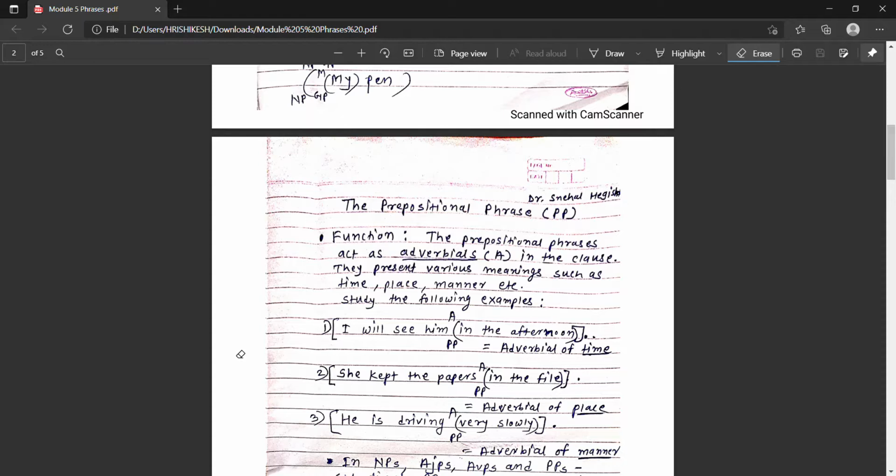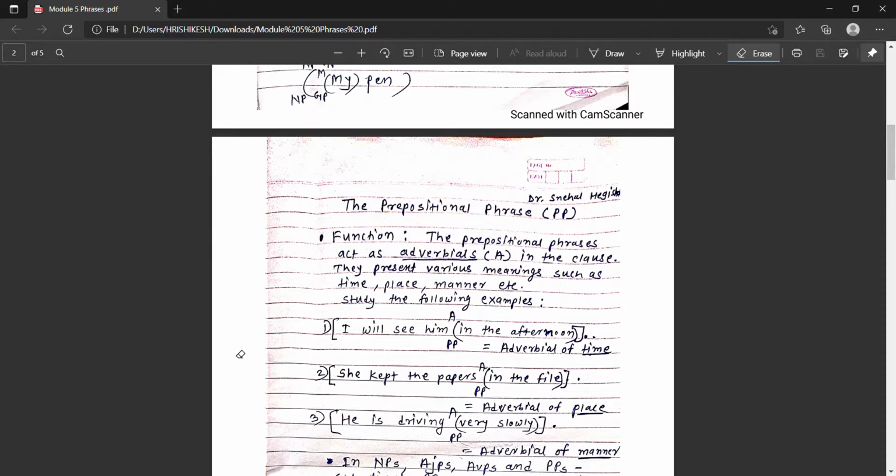So in the afternoon, what does it show you? In the afternoon shows you time. I will see him. When will you see him? I will see him in the afternoon. So you ask a question with when, and the answer is that of a time. So how to identify a prepositional phrase?